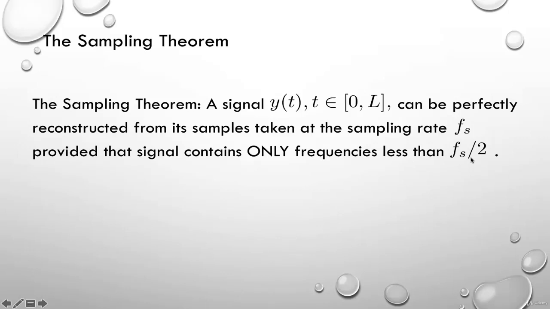Provided that my original function has only frequencies that are less than half of the sampling rate, then my sample is accurate. But if my function has frequencies that are higher than this, then we have distortion. Those higher frequencies will alias back into the range, and then we introduce frequencies that are not actually there. This is the sampling theorem.